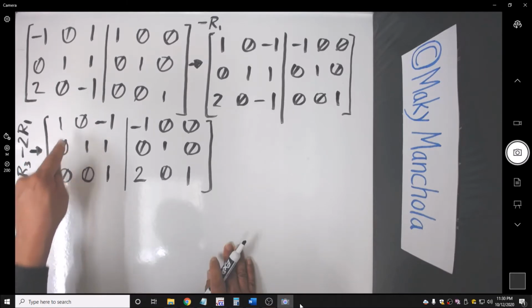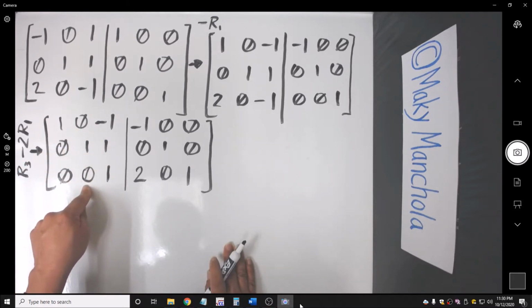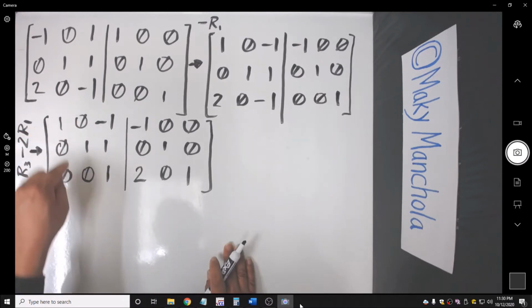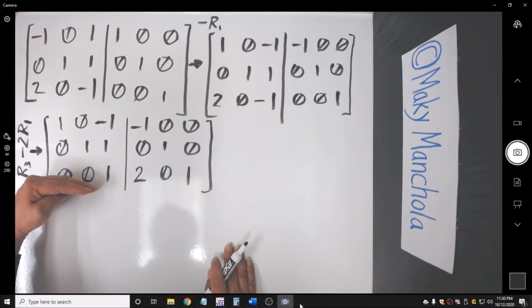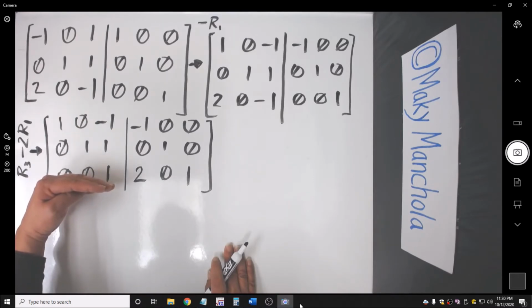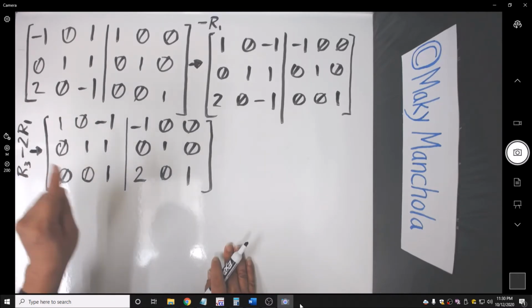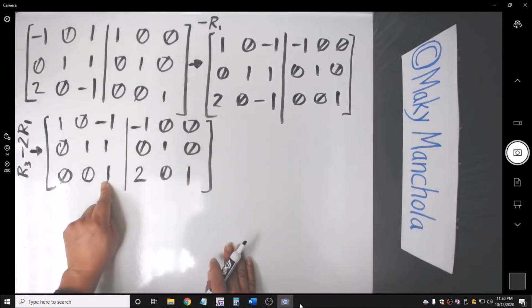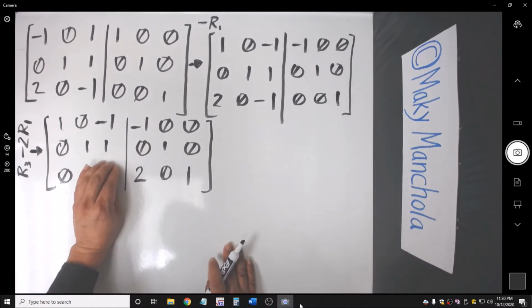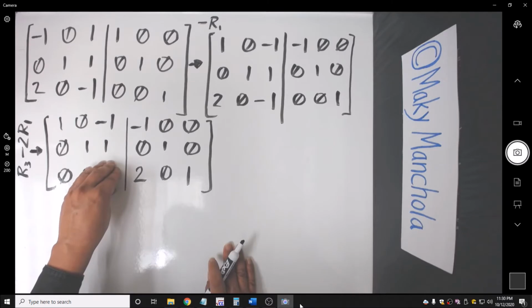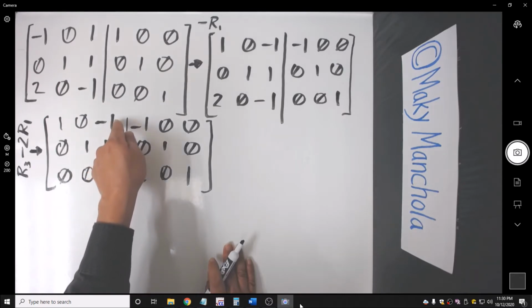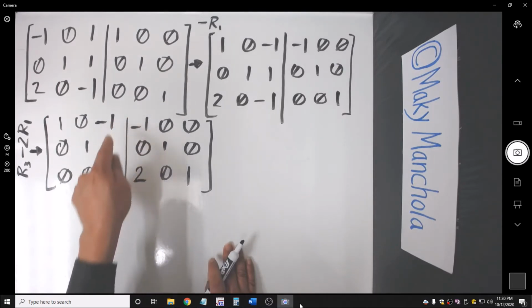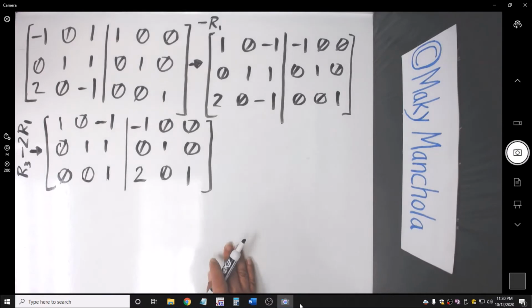There is a 0 there and there is a 0 there. So they're already eliminated. Then move on to the next row. The first non-zero entry of that next row, make it a 1. It is already a 1. So use that new pivot to eliminate every other non-zero entry in that column. You want to eliminate those two non-zero entries by using that non-zero entry.